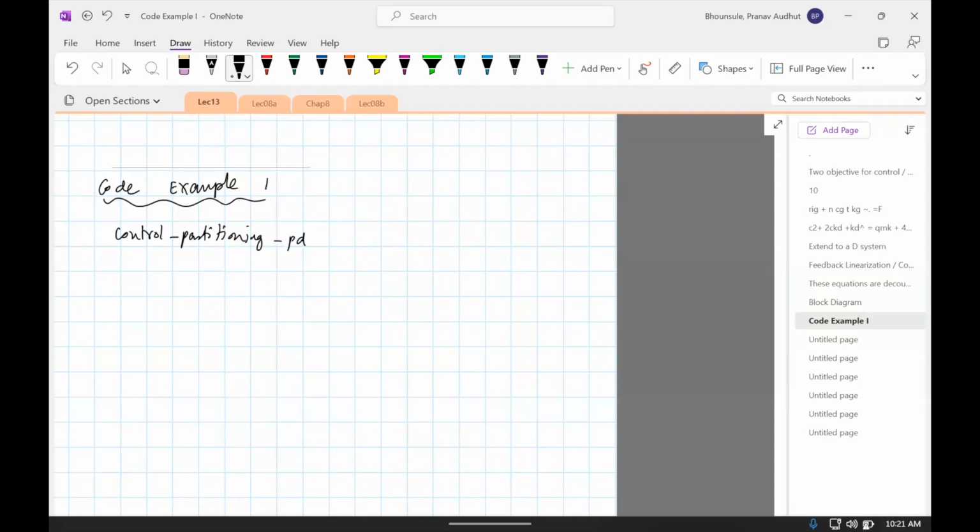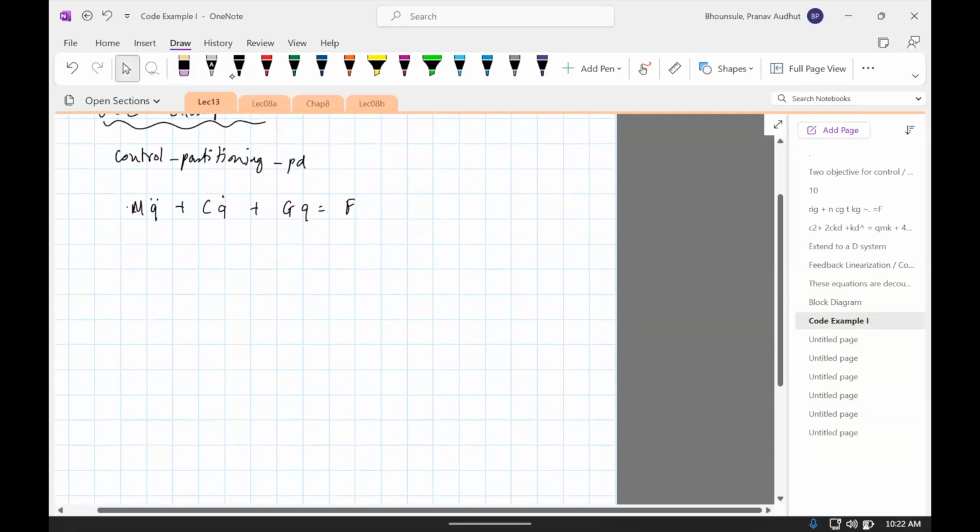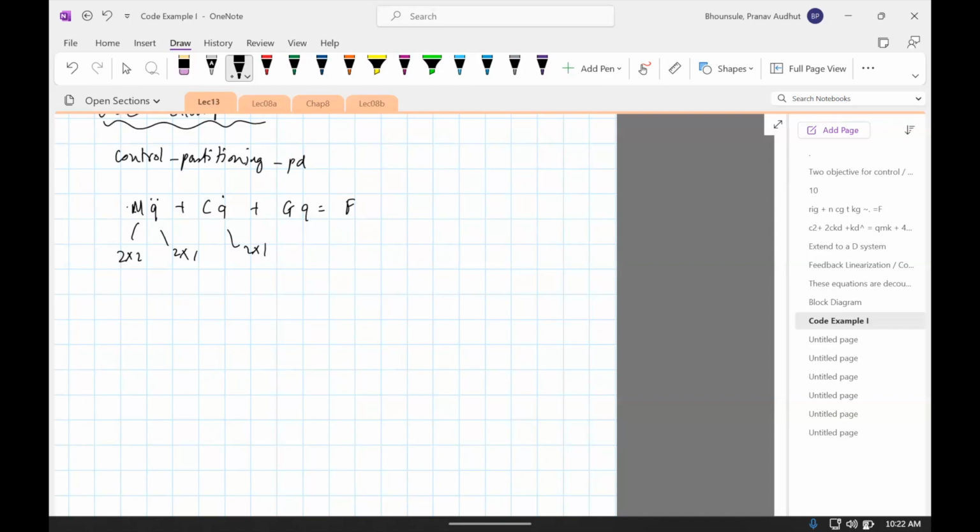partitioning PD. Here what I do is I look at a system like M q double dot plus C q dot plus G q equals F, where I took some random 2x2 matrices. This is 2x1, the whole thing.